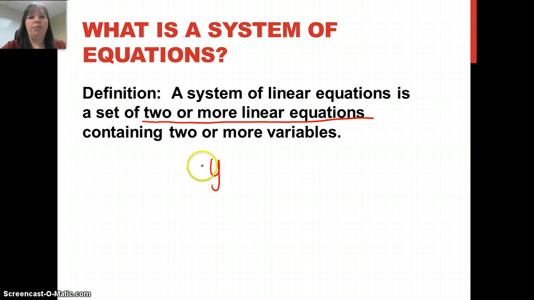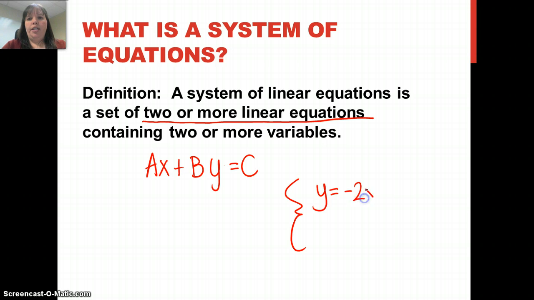Linear equations, remember, are equations that can be written as Ax plus By equals C. So a system of linear equations would be, maybe I take y equals negative 2x plus 5 and 3x minus 2y equals 7. I take two equations and I'm considering them at the same time. So this little curly bracket tells me that this is a set, that those belong together.